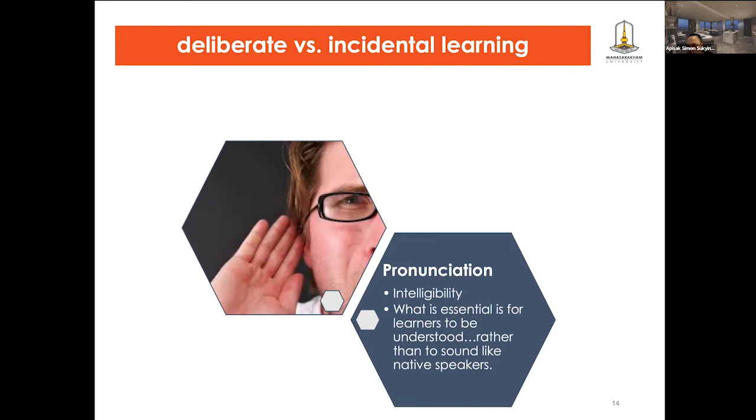But somehow, I would say, there is a long and strong belief about pronunciation, and some people respect or adore those who speak like a native.